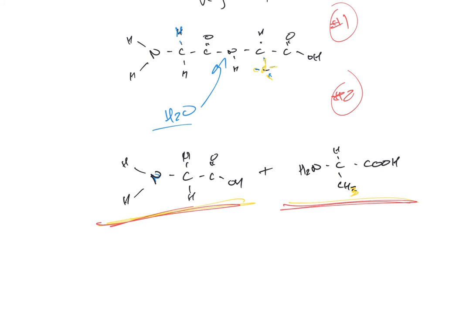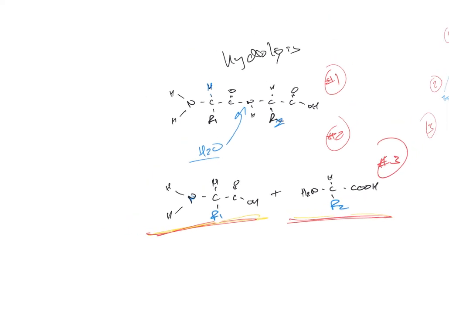If I just wrote R1, R2, R1, R2, this is also correct. Okay, that's step number 3. This is the hydrolysis of what? What did I draw? Hydrolysis of a dipeptide.